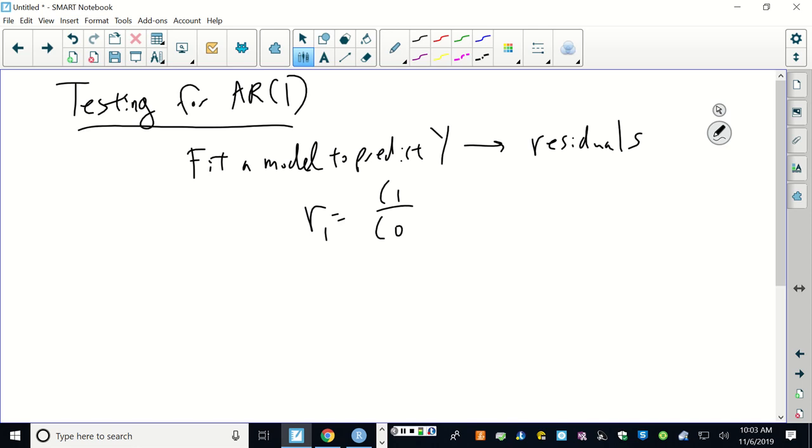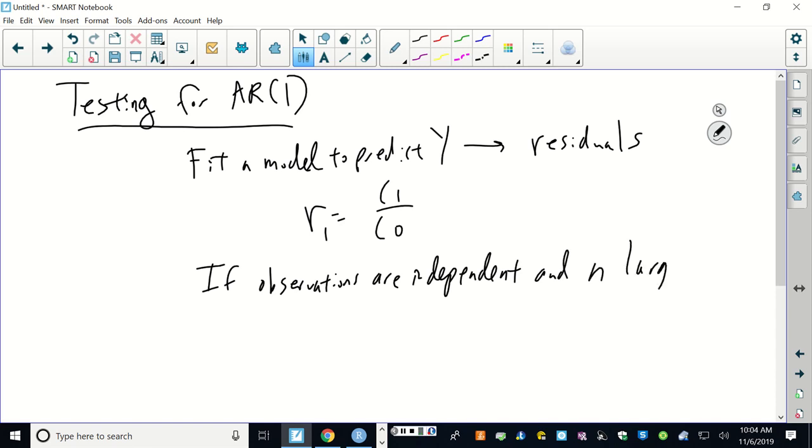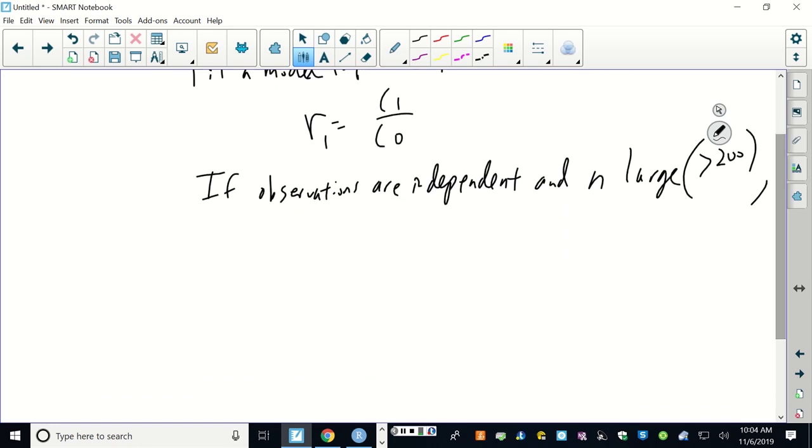Now it turns out that if the observations are independent, and n is large, the book says more than 200, but maybe it's not that. Oh, it says 100 actually, I think. So you would need a fairly long string, like daily data or frequent data.